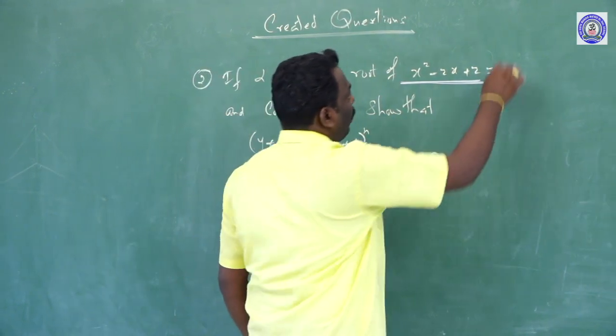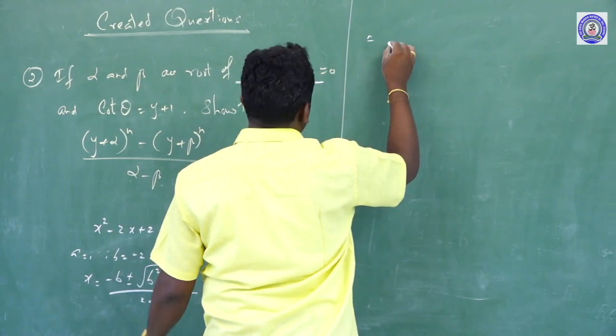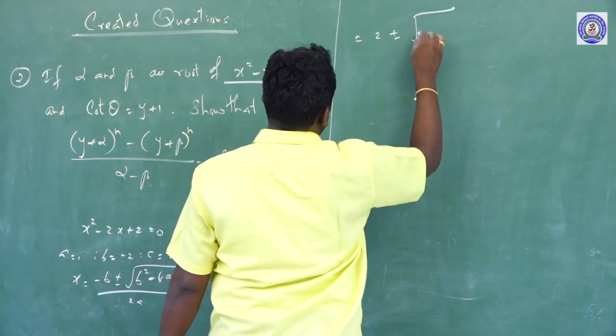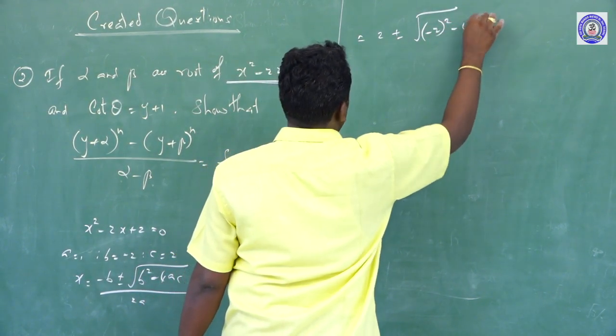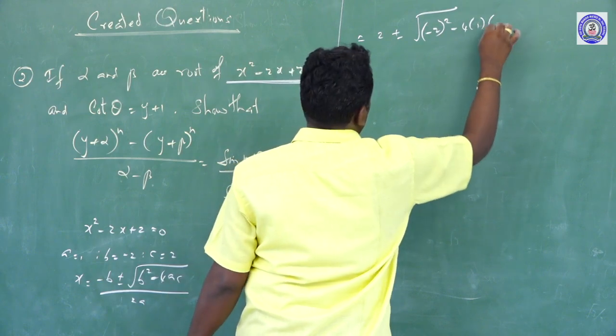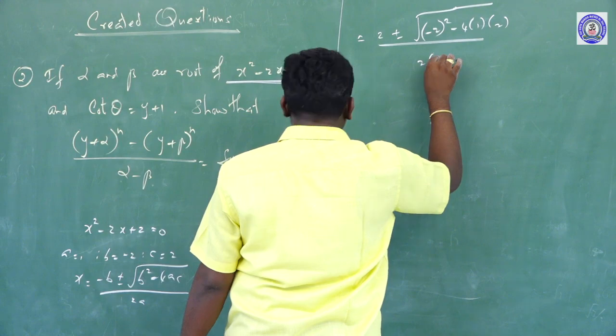Now substitute the values: b = −2, so −(−2) = 2, plus or minus the square root of (−2)² − 4 × 1 × c, with c = 2, divided by 2 times a, with a = 1.